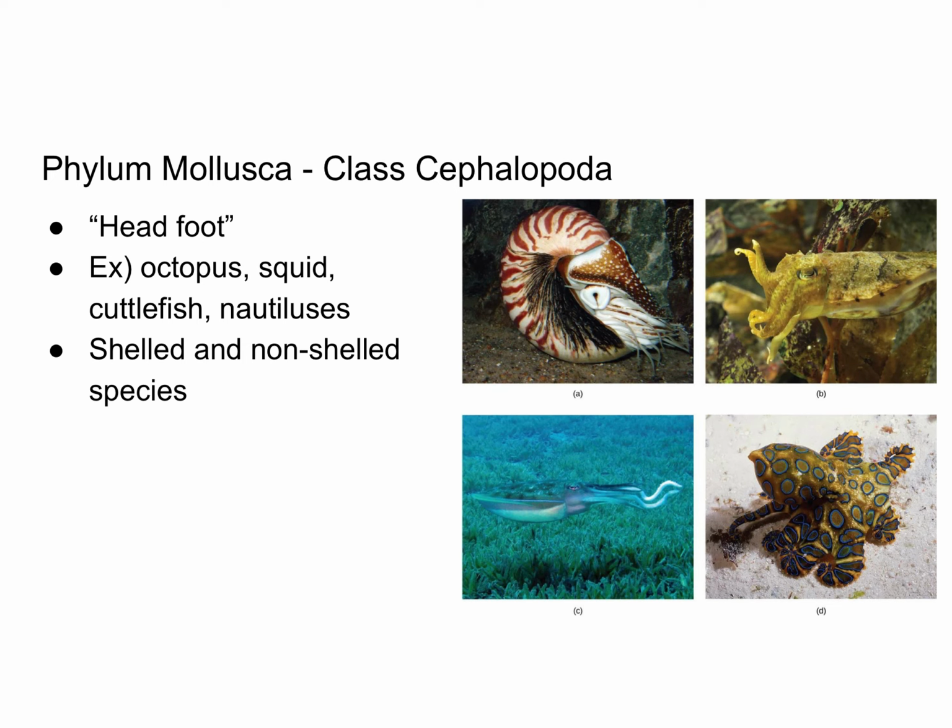Another class in the phylum Mollusca is the class Cephalopoda. And cephala means head, and poda means foot. And they get their name because they essentially are made up of a head with a modified foot, and the foot makes the tentacles.